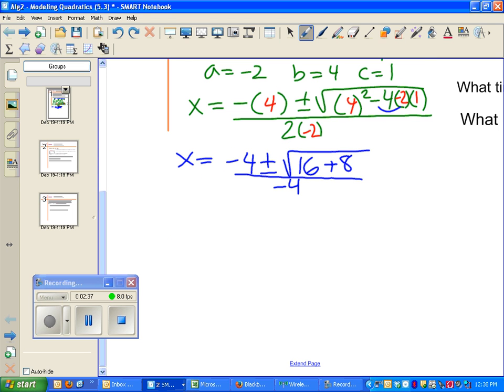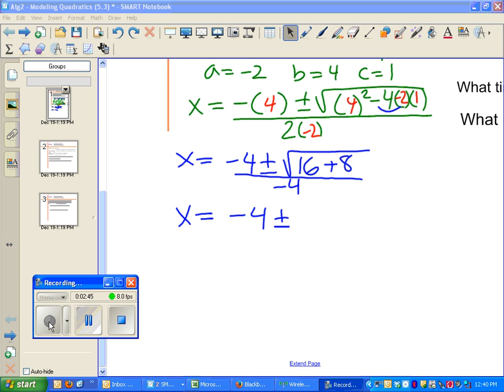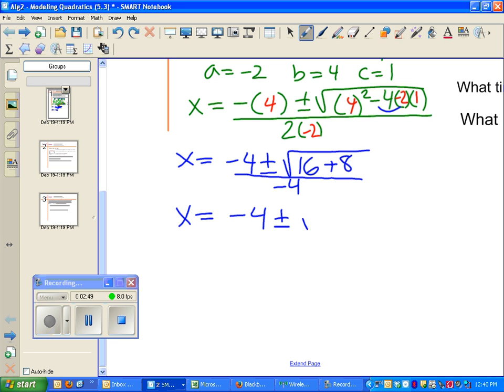And then when I simplify that even more, I'm going to get the square root of 24, and then I divide by negative 4. So now I'm going to split my two solutions apart.